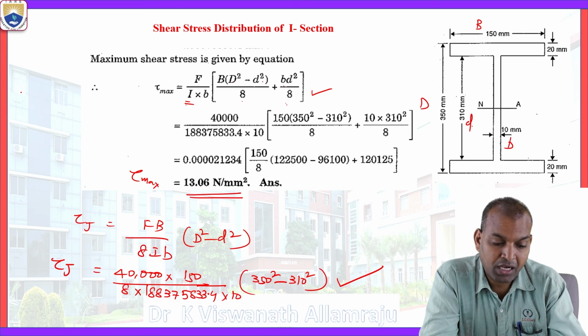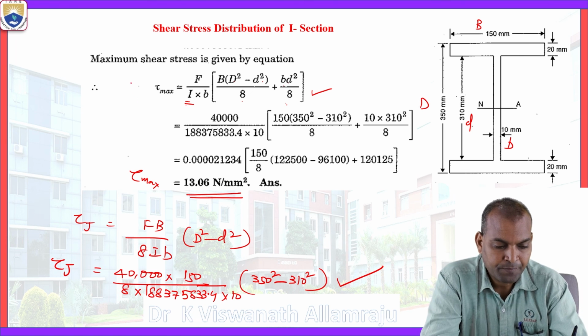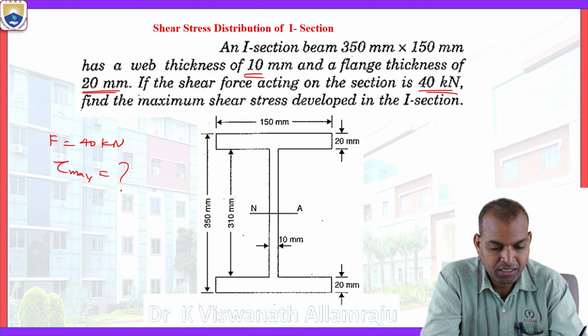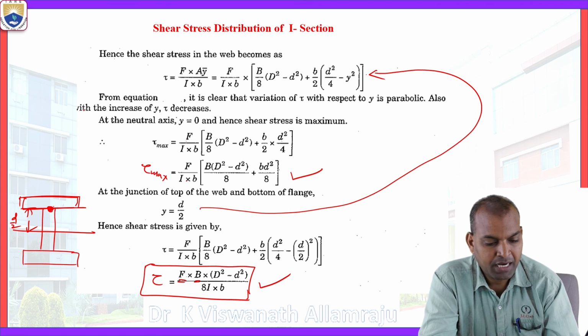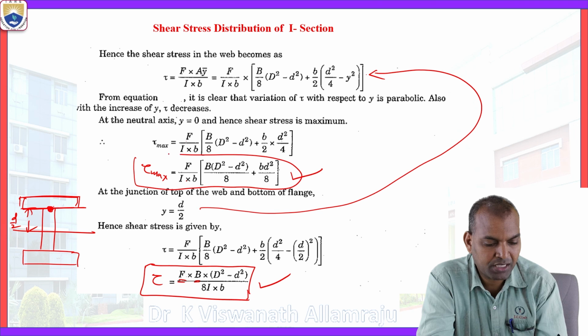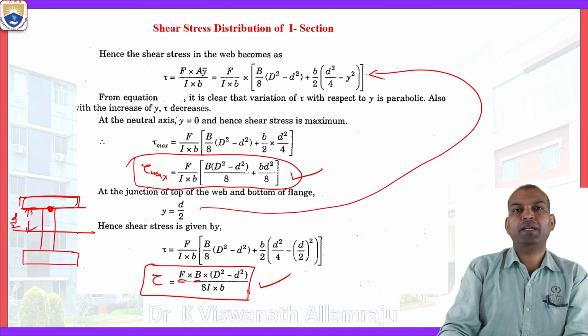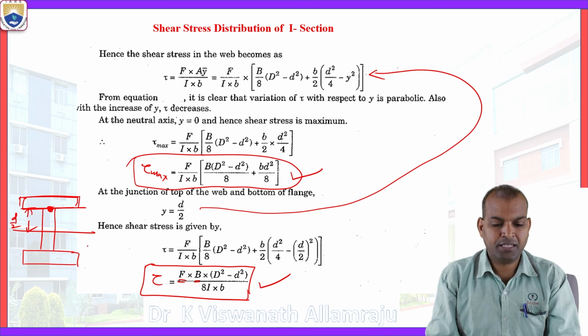And suppose if they asked you the shear stress variation at the neutral axis, then the formula, at the neutral axis, at y equal to 0, that is the maximum shear stress: F by IB times capital B, D square minus small d square by 8 plus small b d square by 8.